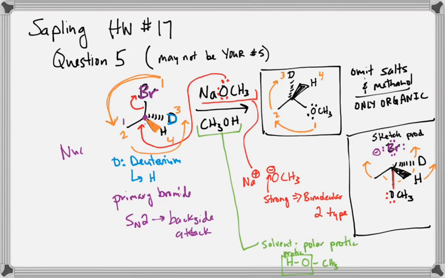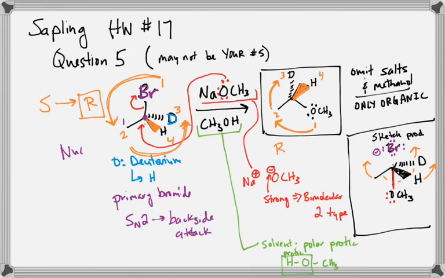1 to 2, 2 to 3. We're running which direction? We're running counterclockwise, which would suggest S. But because the hydrogen is aimed at us, we're going to have to exchange that to R. So our conformation for our starting material is R. If we look at our product, we're running from 1 to 2, 2 to 3, which is R, but again our hydrogen is aimed the wrong direction.